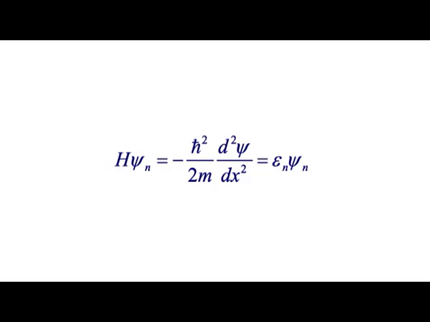So, what is the Schrodinger equation in that case? Hψ equals minus ħ squared by 2m into d squared ψ by dx squared, assuming that V is equal to 0, and that is equal to E_n ψ_n, where E_n is the eigenvalue of the system, or the measure of the energy of the system.